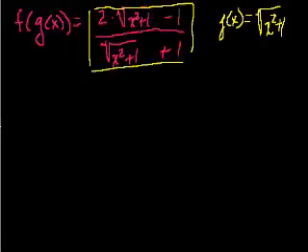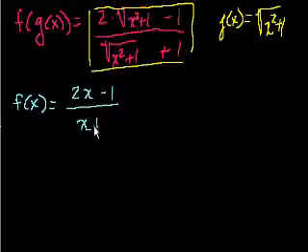But if you are given choices, the problem actually becomes a little bit more straightforward. So the choices were, well, actually I erased some of it. It was given that f of x is 2x minus 1 over x plus 1. And then they said which of the following is g of x.